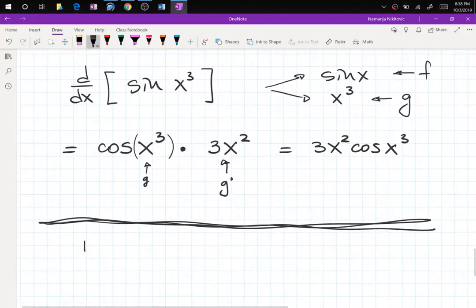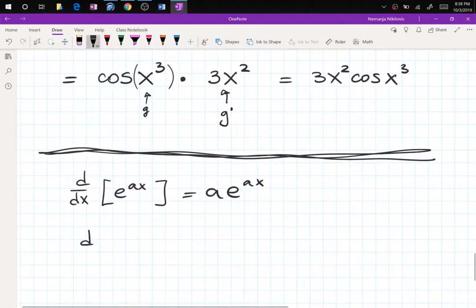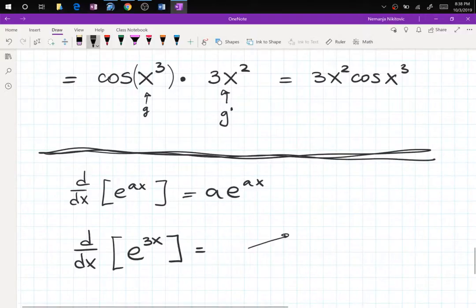You remember how you memorized the formula that the derivative of e to the ax is a e to the ax? Let's use chain rule to show it. How about the derivative of e to the 3x? Well, this is not a proof, it's an example. What is my f? e to the x.